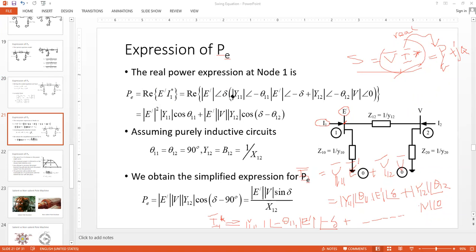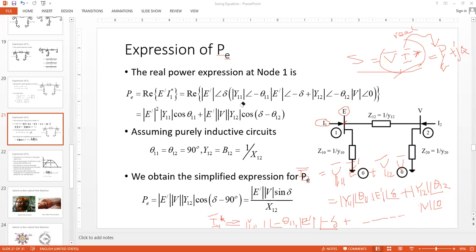Or you can say this is in polar representation, you are using the Cartesian or rectangular representation, all the same. So that means you have to multiply all these things, then convert the polar expressions into corresponding rectangular expressions, take the real part, and drop out the imaginary parts.